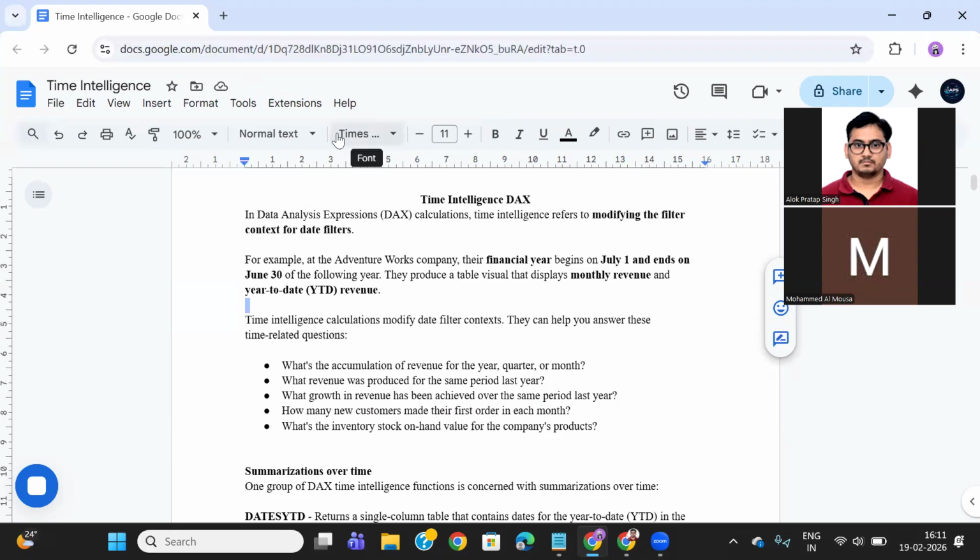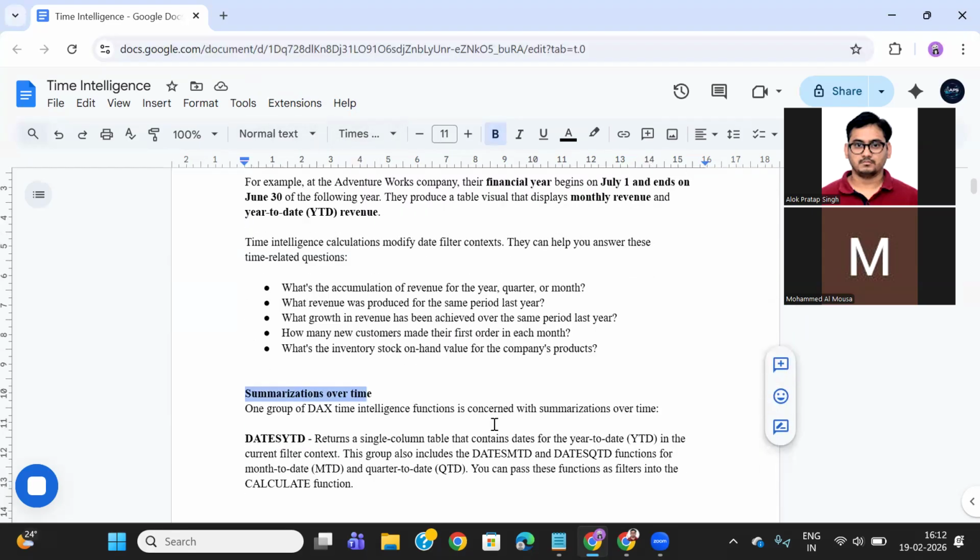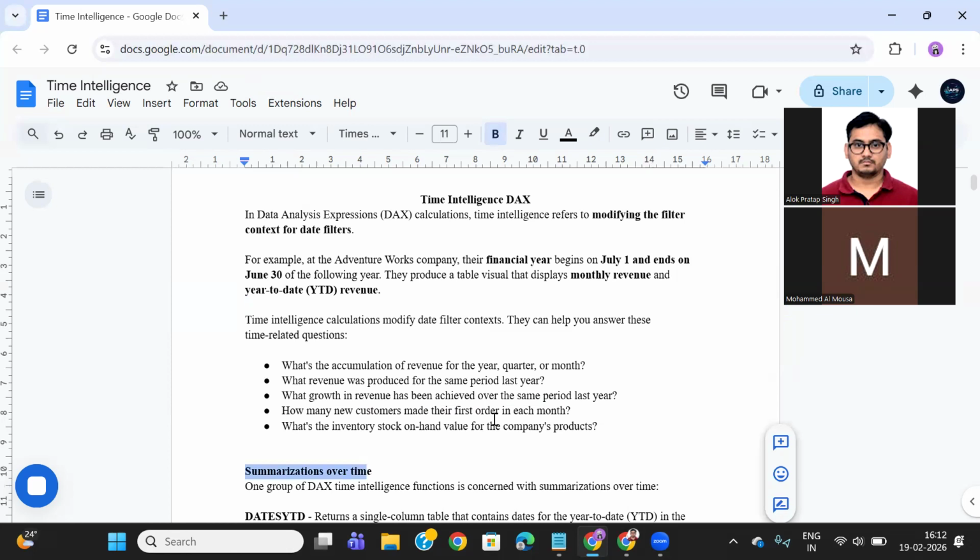There are some types of time intelligence functions that we use. First is summarization. What do we mean by summarization? Summarization means if somebody says I want to get the revenue of the last year till this date, it will give us the summarized value over this time period.